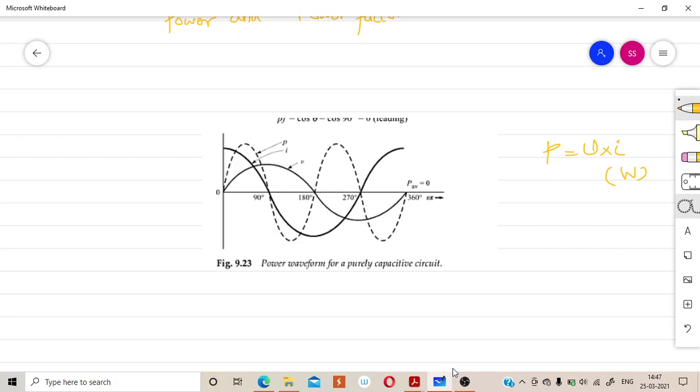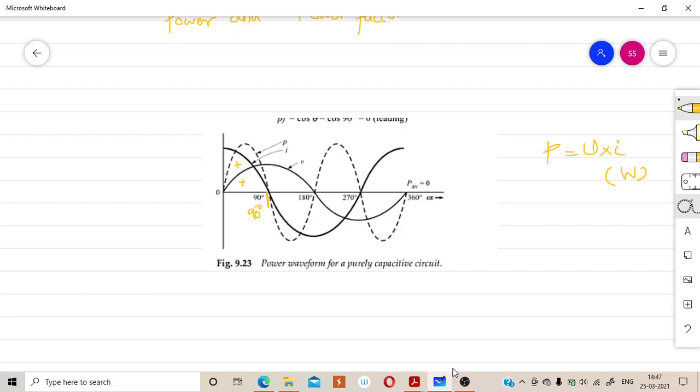Now we have the two waveforms, V and I waveforms, and we will multiply point by point and we will get the power waveform like this, as shown in the dotted line. So positive into positive, you will get positive up to 90 degree.